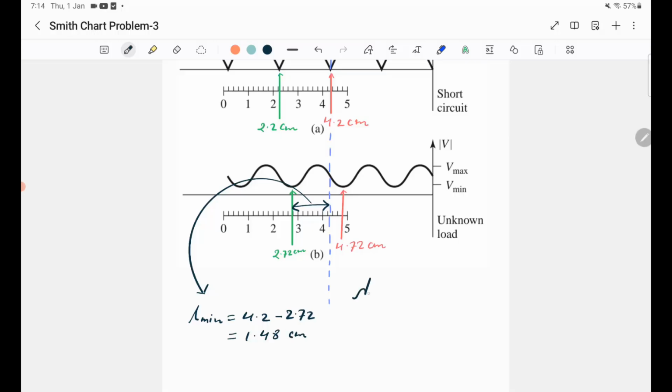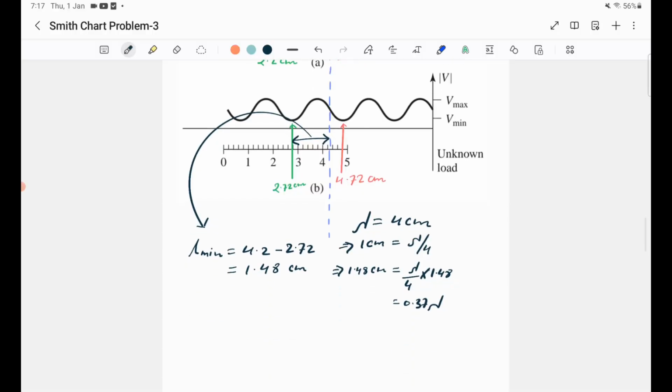Now since we have already calculated the value of lambda as 4 centimeters, we can write 1 centimeter is equal to lambda by 4, which implies 1.48 centimeters is equal to lambda by 4 into 1.48, which is equal to 0.37 lambda. So we have found out the distance between the unknown load and the first voltage minima, represented by L min, which is equal to 0.37 lambda or 1.48 centimeters.